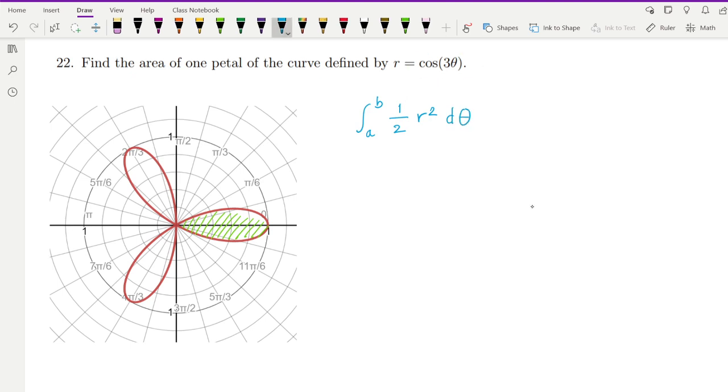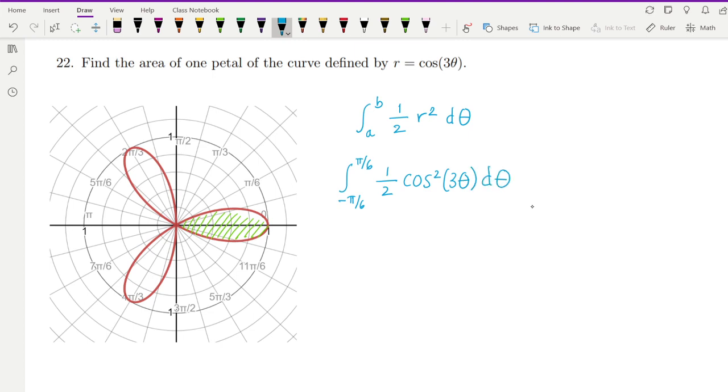As I mentioned, in this case our bounds are going to be negative pi over 6 and pi over 6. Again, it will be clear on the test what your bounds should be. And then for r, we're going to put in cosine of 3 theta. So we're going to end up with the integral of cosine squared of 3 theta d theta.